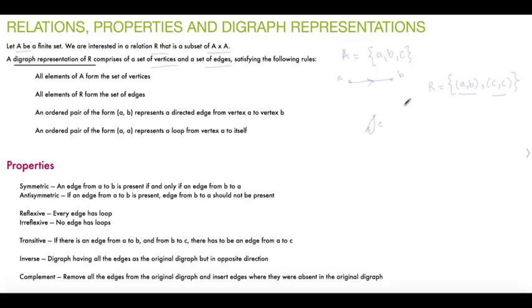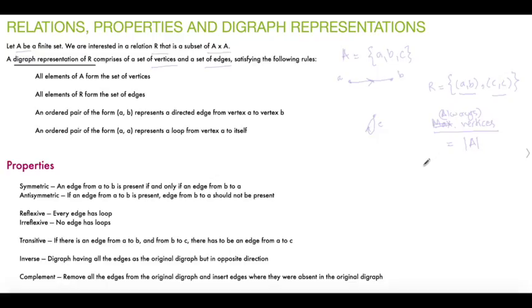Now the question comes: what is the maximum number of vertices we have and what is the maximum number of edges we have? The number of vertices is always equal to the cardinality of A, so maximum may not be appropriate here.